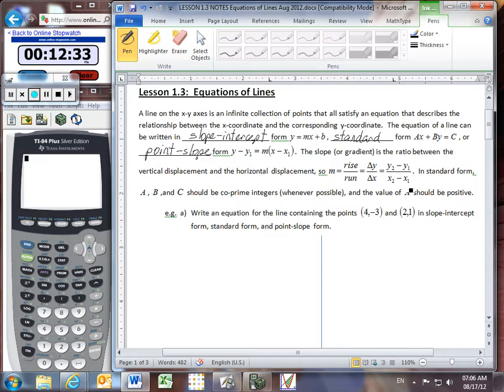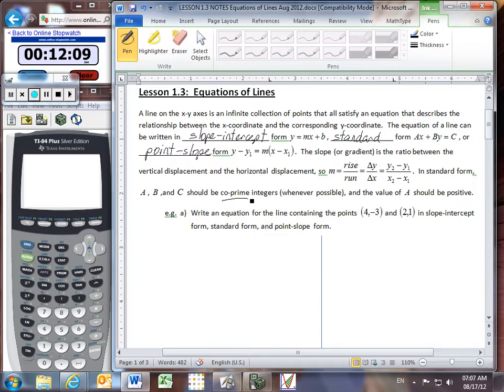One more thing about standard form. Ideally, we would like a, b, and c to be integers, and ideally, a would be a positive integer. I've written the word co-prime. Co-prime integers are integers that do not have a common factor greater than 1.